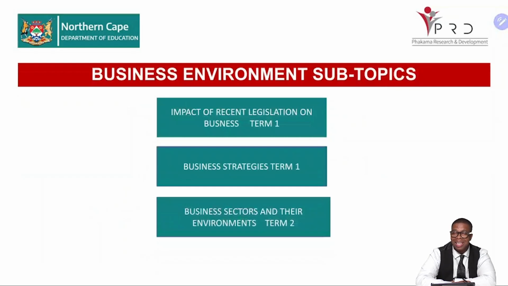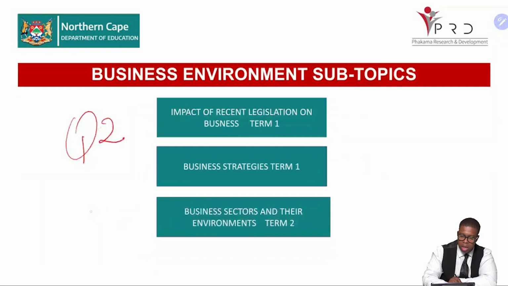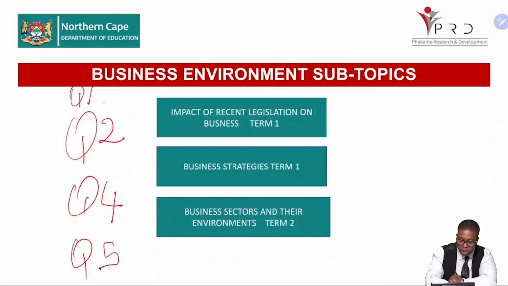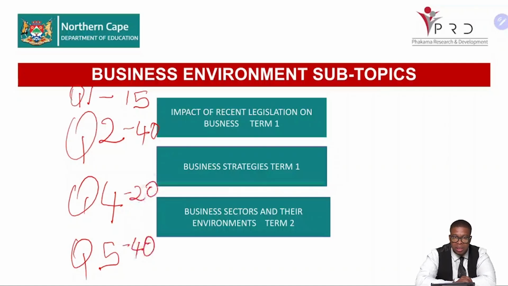So basically you have 3 subtopics under business environment, and it means these subtopics are going to be assessed in question 2, in question 4, and in question 5. And we cannot leave question 1. Therefore, question 1 is 15 marks, question 2 is 40 marks, question 4 is 20 marks, and question 5 is 40 marks, making a total of 115, as I said.